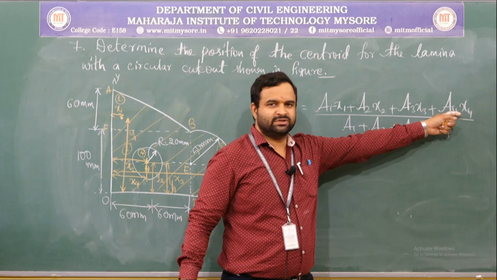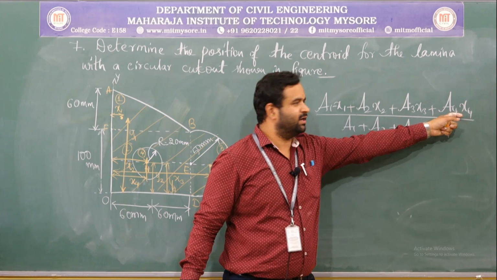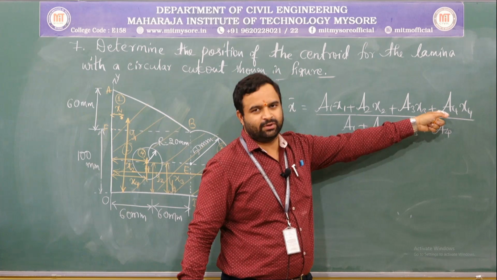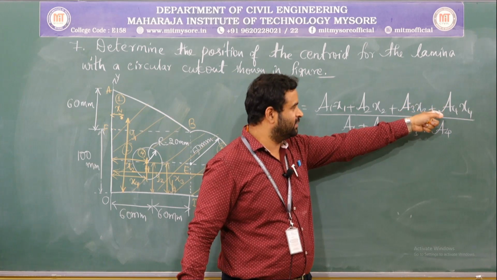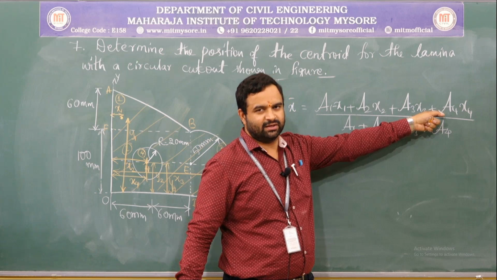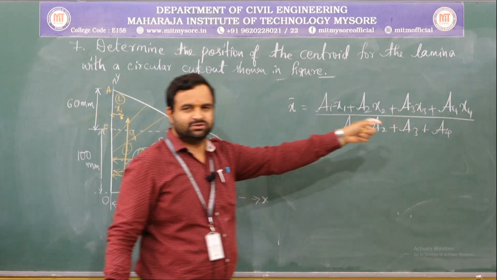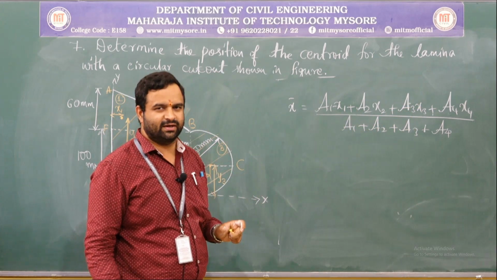We know that a4 should be substituted with a minus sign, but even that I am writing the plus sign here because we shall not change the formula. You might be having little bit confusion if you write minus sign here. If you write minus here again, write minus here, it will be plus again. So, substitute the value as it is with a negative sign.